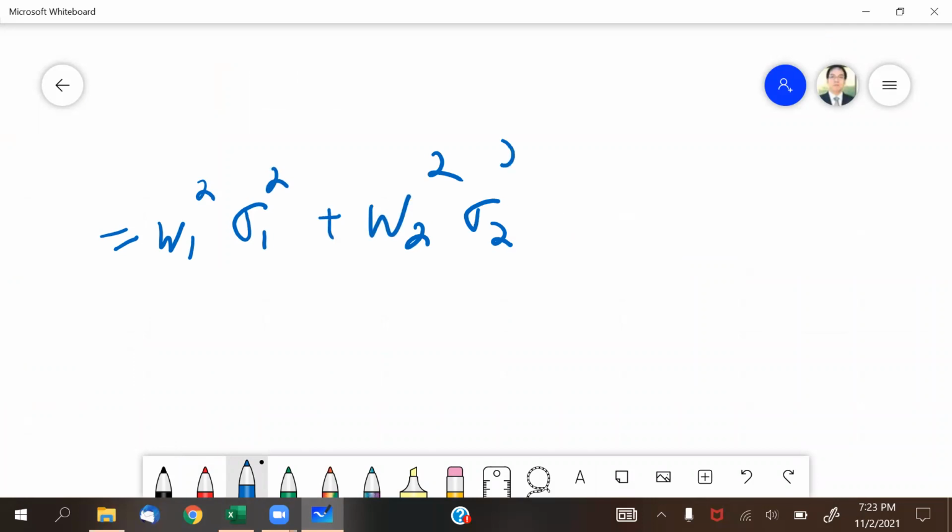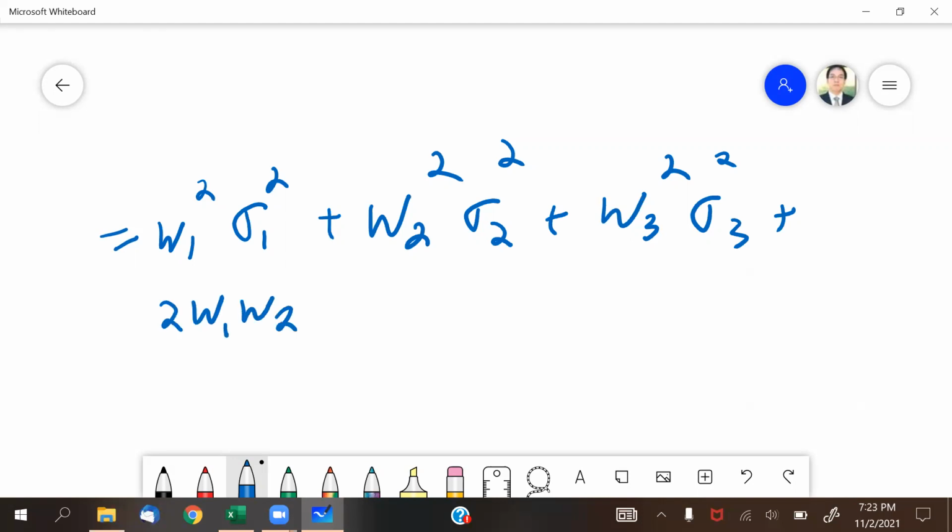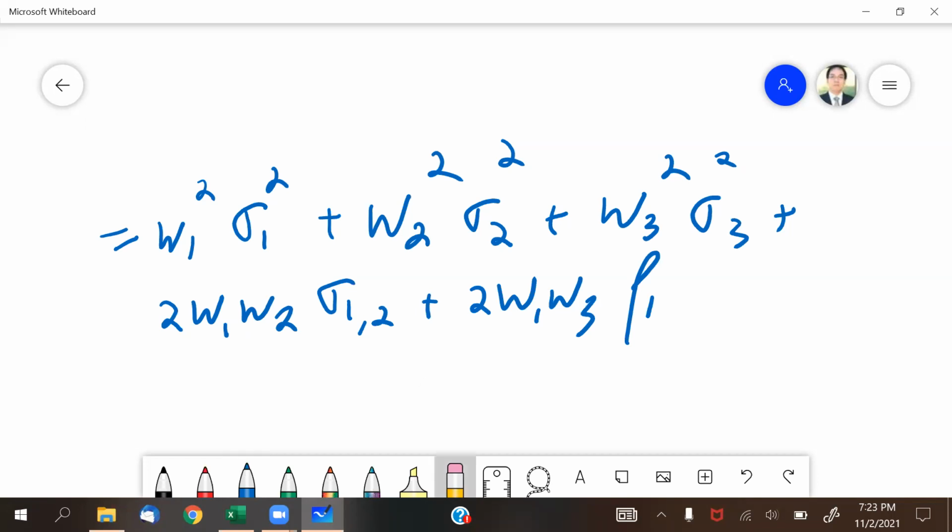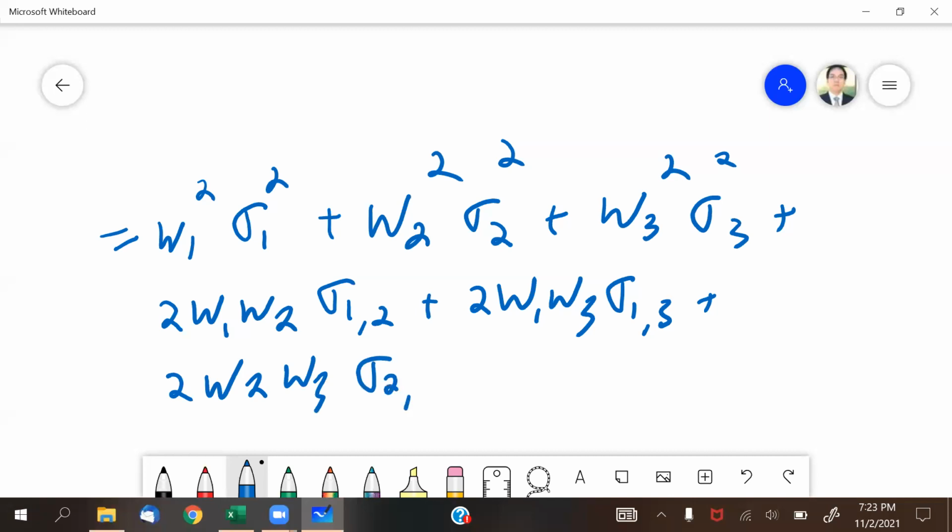We still can do it manually if we have only 2 or 3 stocks, or maybe a maximum of 4. Say we have 3 stocks here, we have pairs: weight 1, weight 2, covariance of the first and the second, plus 2 weight 1, weight 3, covariance of 1 and 3, and then 2 W2, W3, covariance of the second and the third.